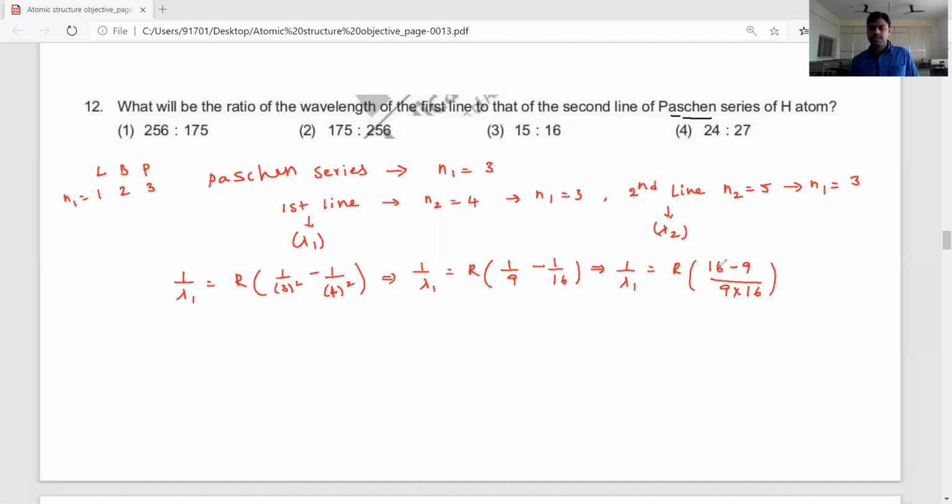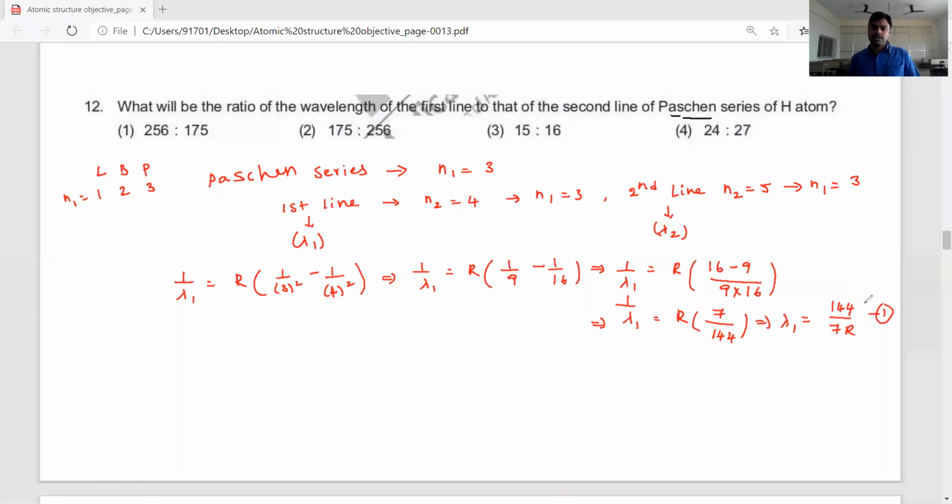Now simplify this: 16 minus 9 is 7, so 7 by 144. From this, lambda 1 is equal to 144 by 7R. Let it be equation 1.